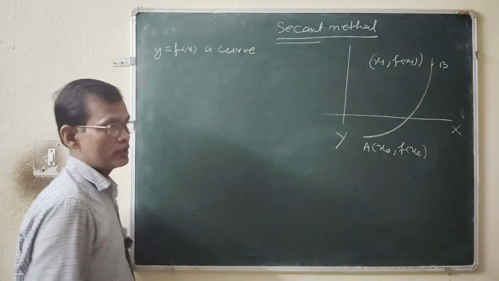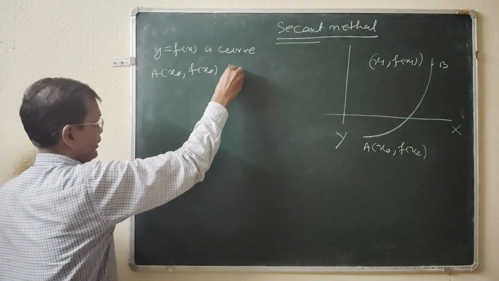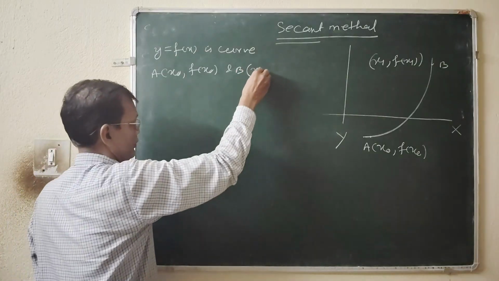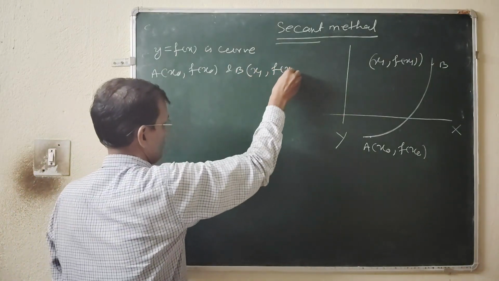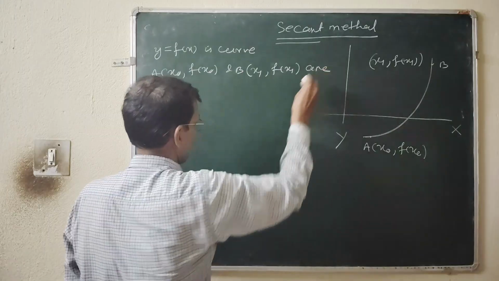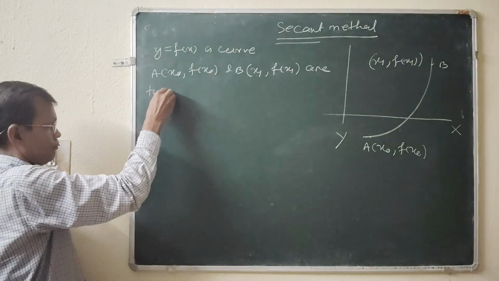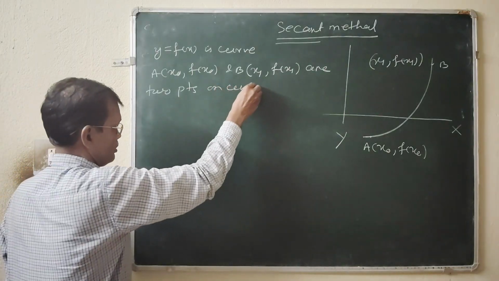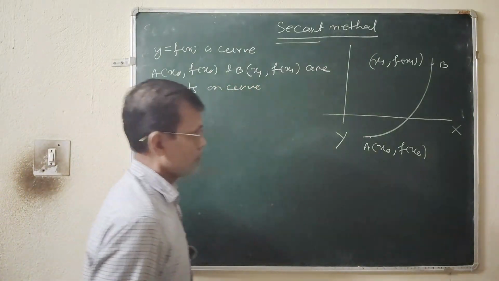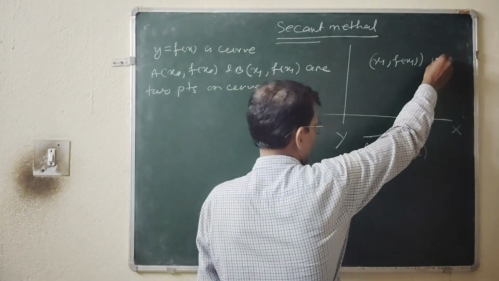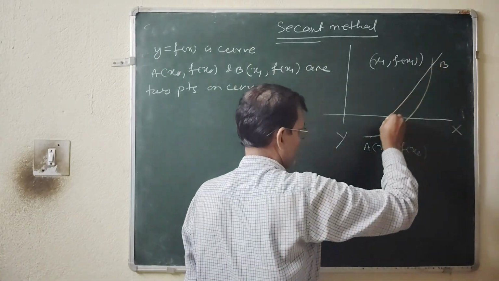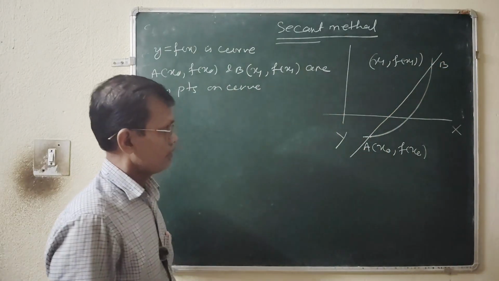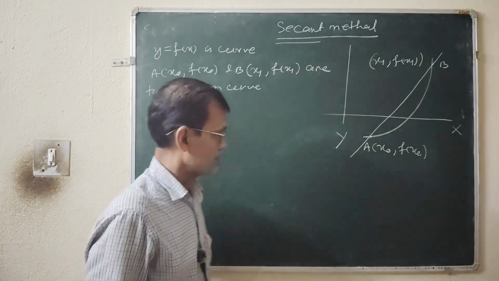These are 2 points on the curve. Then we join these 2 points. This line is the secant.